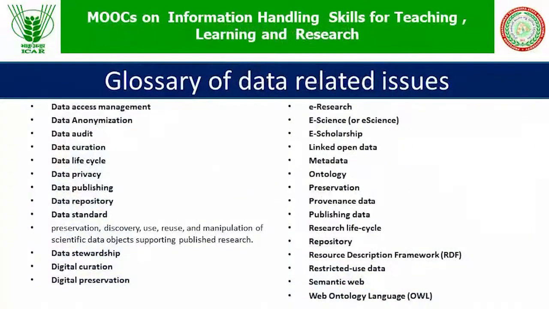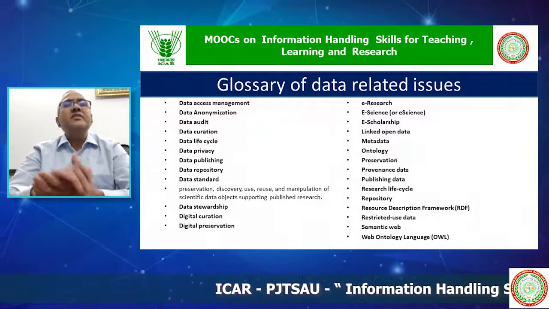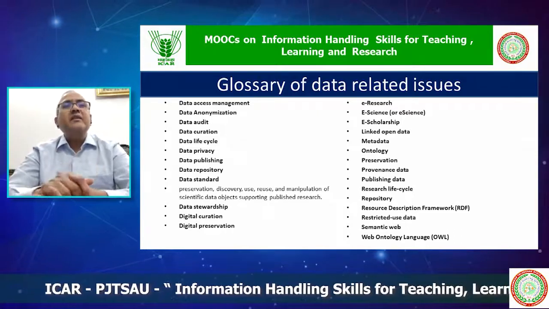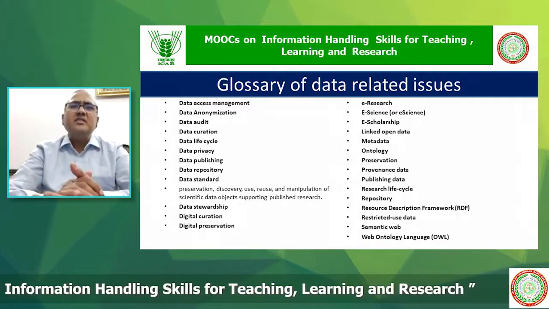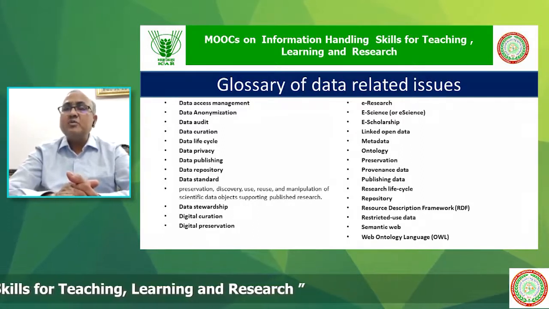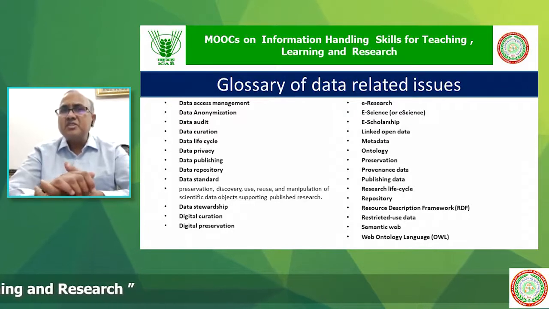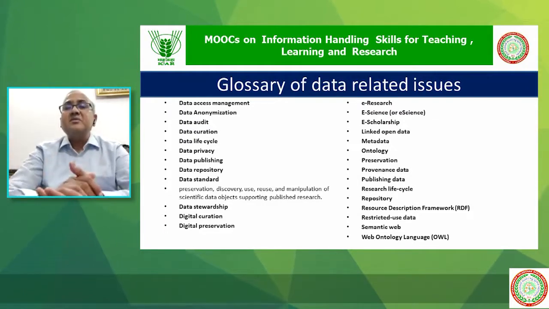Data has various other related issues also, like there are a number of things related to data. It is data access management, data anonymization, data audit, data curation, data lifecycle, data privacy, data publishing, creation of data repositories, data ownership, data stewardship, data digital creation, digital preservation, and this is also related to e-research, e-science, e-scholarship, linked open data, and there are different kind of terms like metadata, ontologies, preservation metadata, provenance of data, published research life cycle of the data.